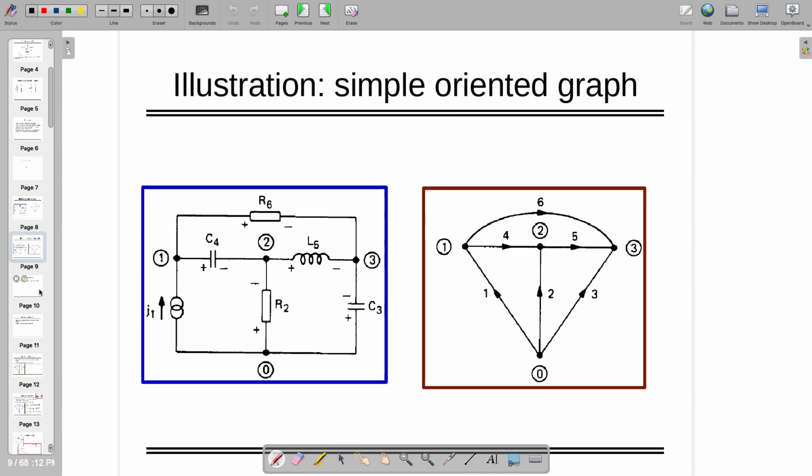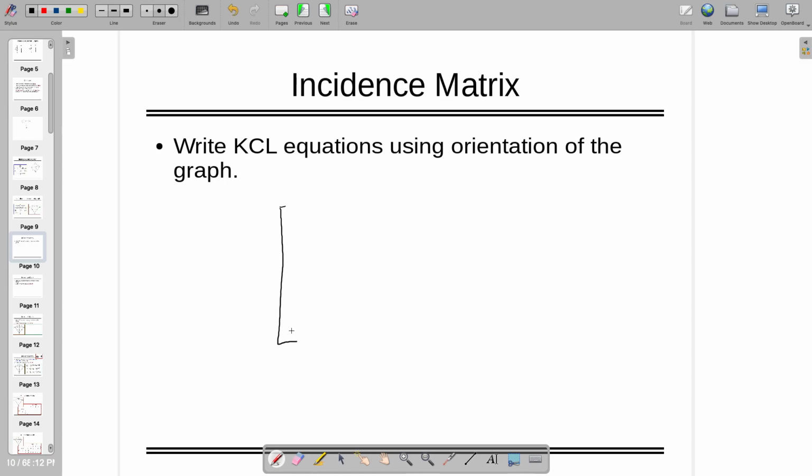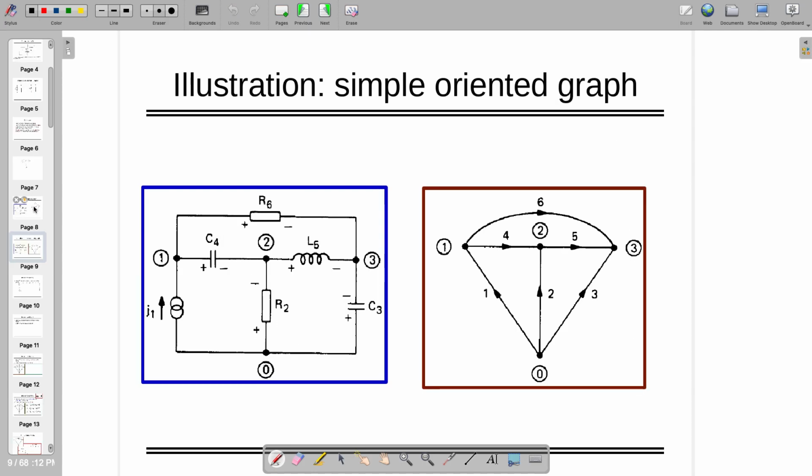And if I am going to write the equation in terms of a matrix, which is known as the incidence matrix, it is going to be as follows. You have to look at the nodes, excluding the 0 volt node, and on this side you will have all the edges. For node number 1, you are going to have edges 1, 4 and 6. 3 edges are visible.